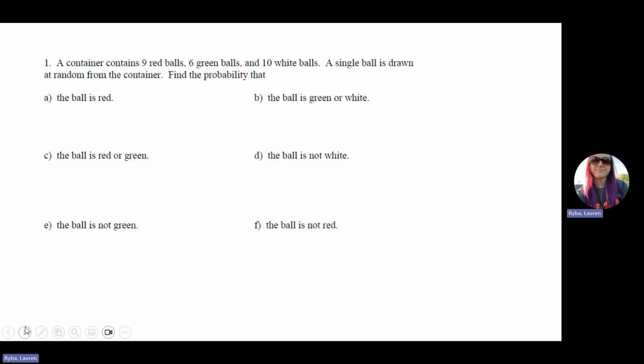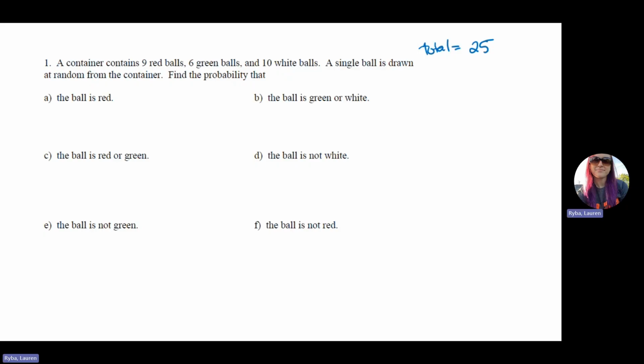So I have 9 red, 6 green, 10 white. Anytime I come across a real world situation, I always want to get the total. So that is going to be 25. I need to have the total before I can do any of my probability questions.